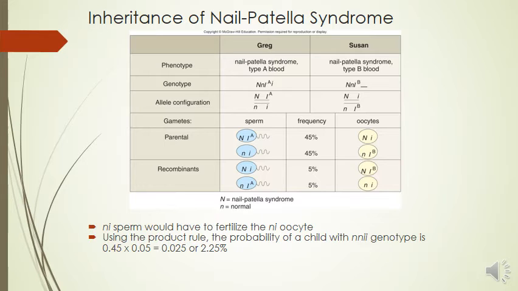The result, according to the product rule, is a 2.25% chance of producing a child that has normal nails and knees and type O blood.